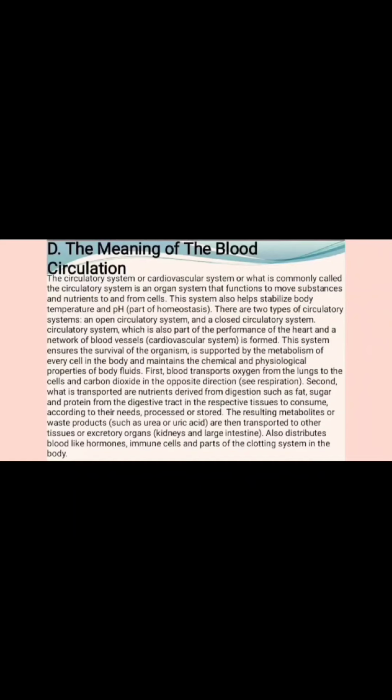The resulting metabolism or waste products such as urea or uric acid are then transported to other tissues or excretory organs atau kidneys and large intestine. Also distributes blood like hormones, immune cells, and part of the clotting system in the body.